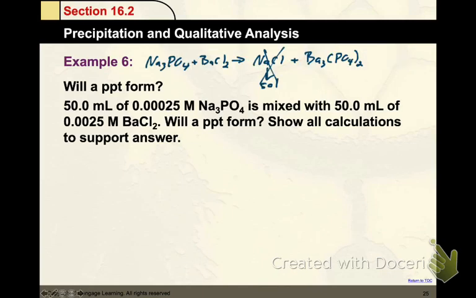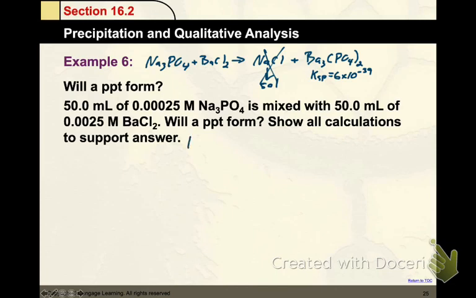Now, if I go back into that KSP table and look up the barium phosphate, we end up with a KSP for barium phosphate of 6 times 10 to the minus 39. Okay, so now we just need to look at the solubility equilibrium for that barium phosphate.